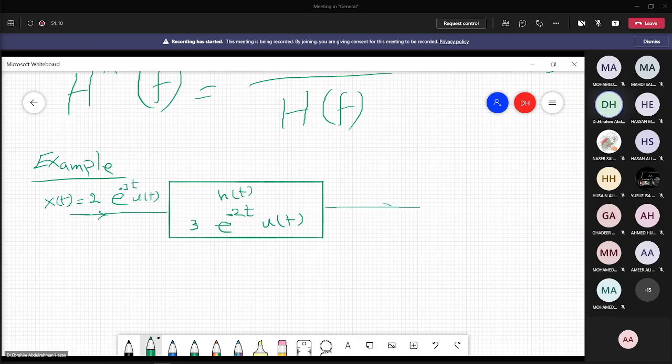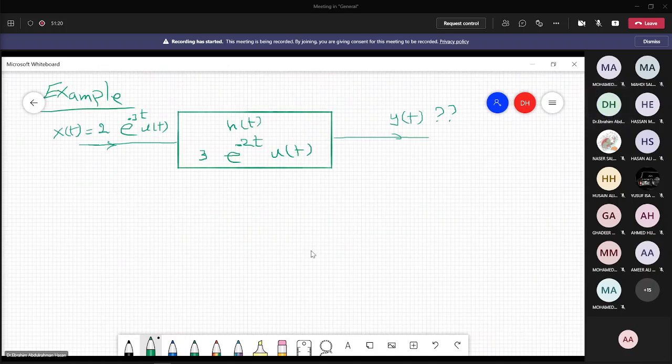The question is to find y(t). Okay, as we said, now we are working in the time domain, so you need to use convolution. Fix one, and invert this one, take it far to the left, and move it to the right until you get the answer.